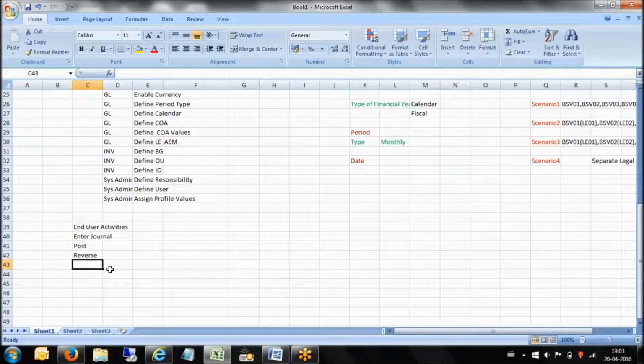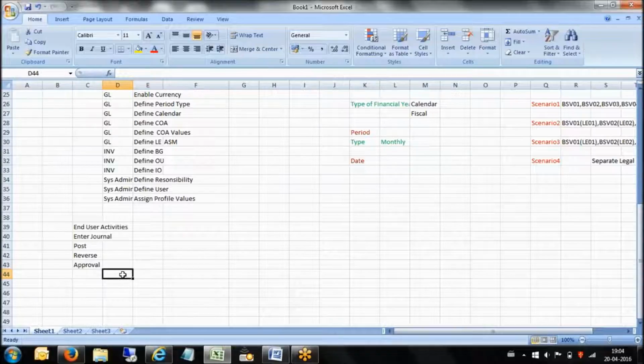The proof. Approval also. Then maybe reconcile. Reconciliation at this point we don't do actually. Until we have subledger module, what is the point in reconciliation? We reconcile the subledger balances with GL balances, right? So here we are not going to have any submodule, so we will not write it here.